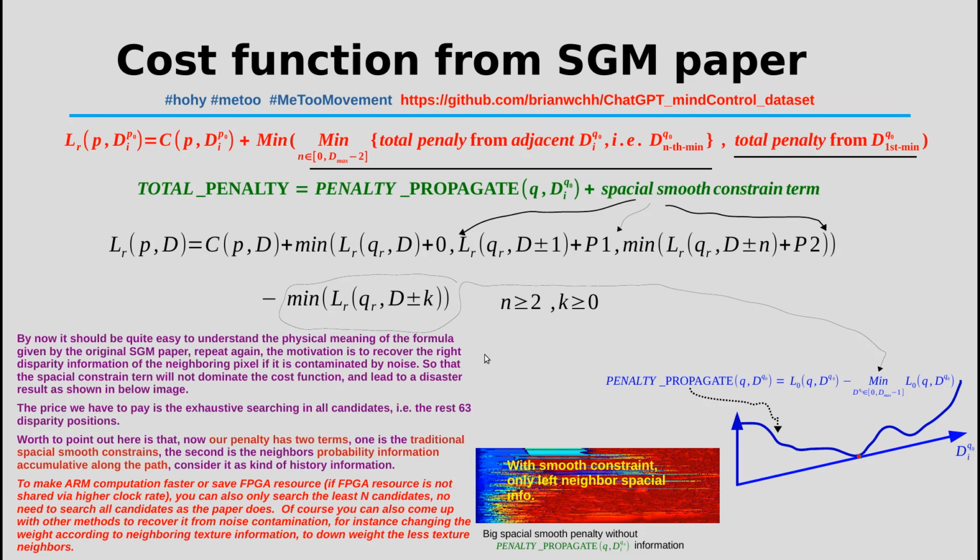For the current disparity position in P, it looks at the neighbors, from the left limit to the right limit. It's of course a little bit confusing, because when D is not in the middle, sometimes you will reach outside of the image. So that's a little bit confusing notation here.